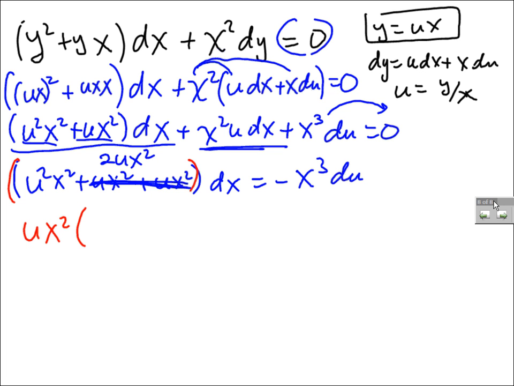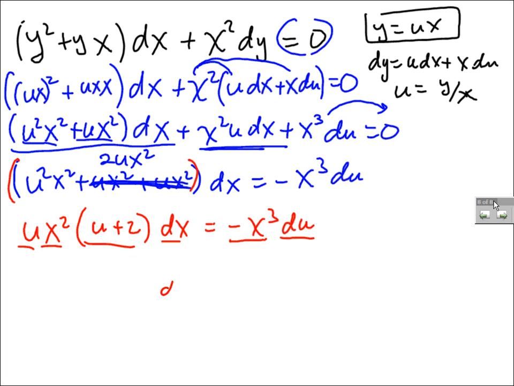Okay, and after doing that, I get u plus 2 dx. And this is negative x cubed du. The factors are u times x squared times what's in the bracket times dx is equal to negative x cubed times du. Well, dx is on the left and du is on the right.